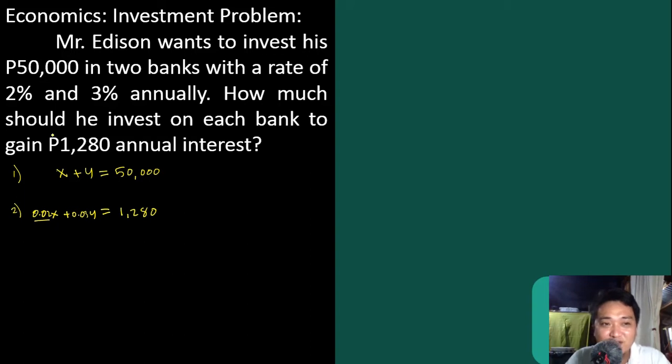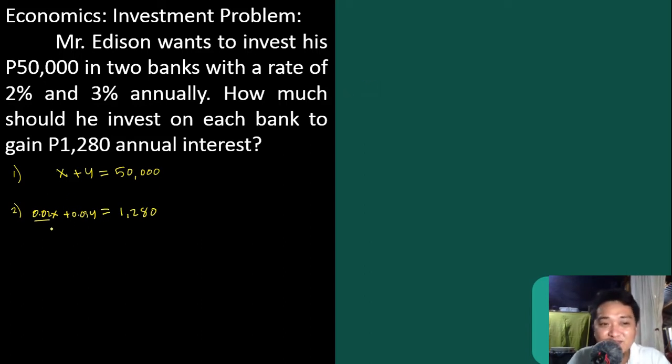And take note, since naka-percent pa siya, i-convert natin siya into decimals. That is by, kung naalala nyo po, to convert that is to move 2 decimal places to the left. Ayan. So, that is 0.02. Sa elementary pa yun.